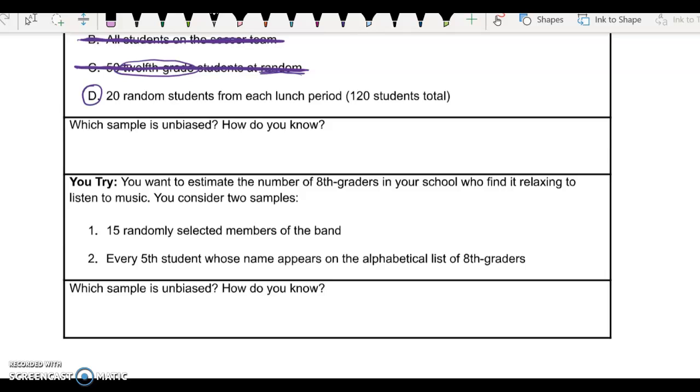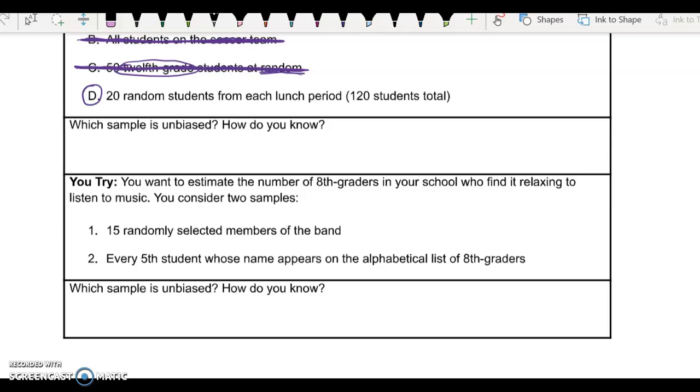Remember, we want it to be unbiased. Option 1, we have 15 randomly selected members of the band. Or option 2, every 5th student whose name appears in alphabetical order on the list of 8th graders.